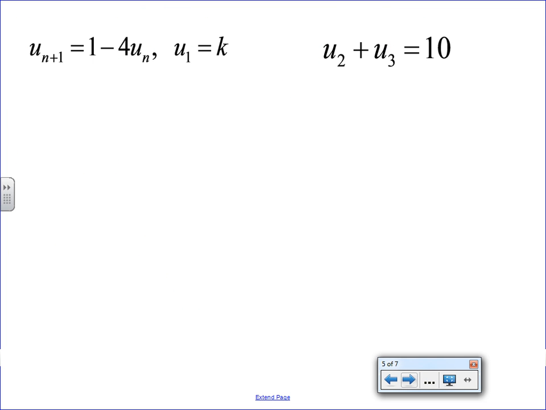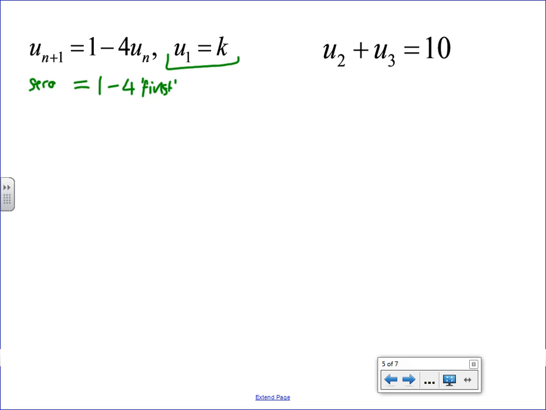Let's have a go at this one. It's a hard one, not hard, but hard in the sense that the first term is k. It's unknown. So can you work out what the second term would be? Let's think about what that actually says. If you take 4 lots of the term you've got, let's just put the first for now, then 1 minus that gives you the second.